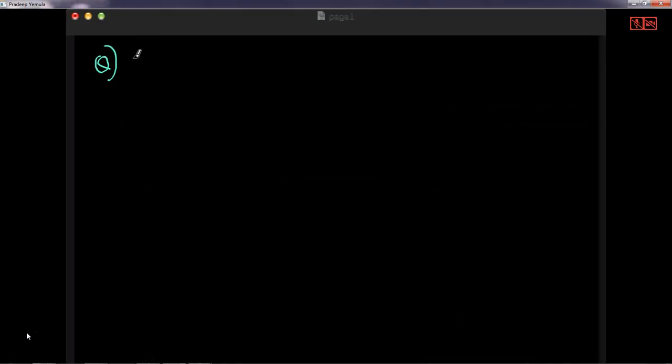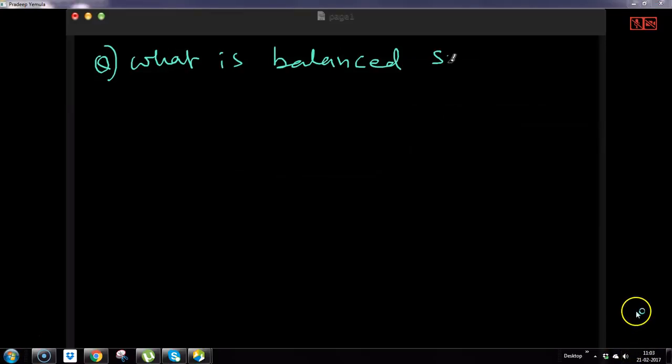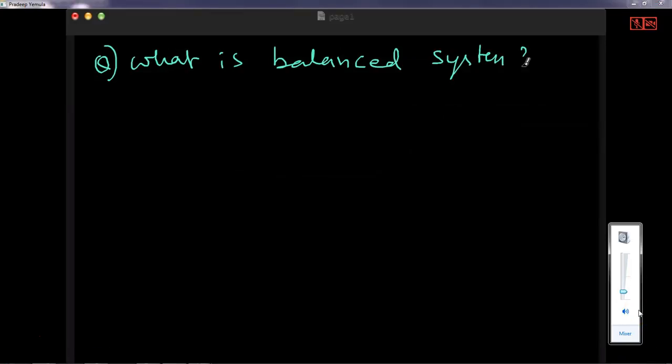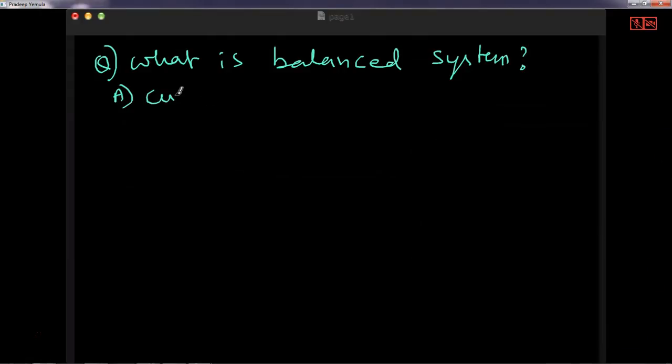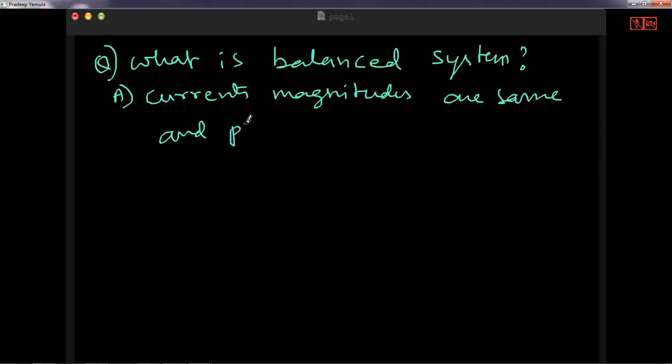I'll ask a question. What is a balanced system? So in a balanced system, the current magnitudes are the same and the phases differ by 120 degrees.